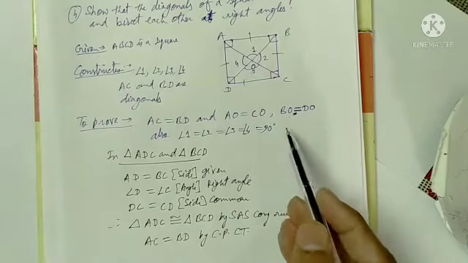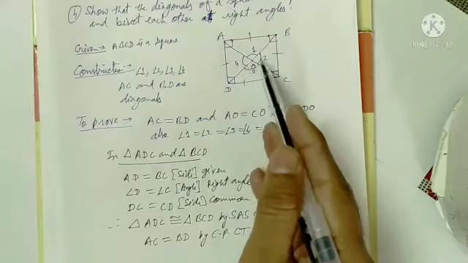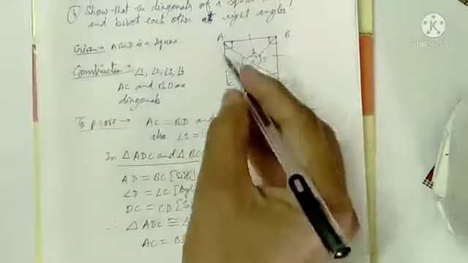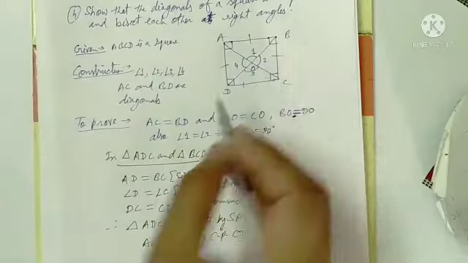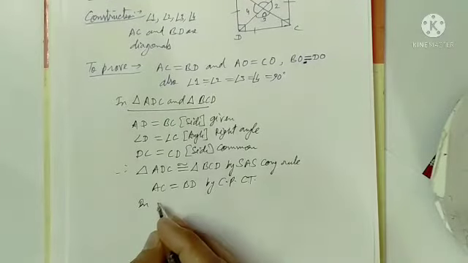Okay. Now we have to prove BO is equal to DO, meaning they are bisecting each other. That part is also easily done. Now if you look here, take triangle ABO and triangle CDO.